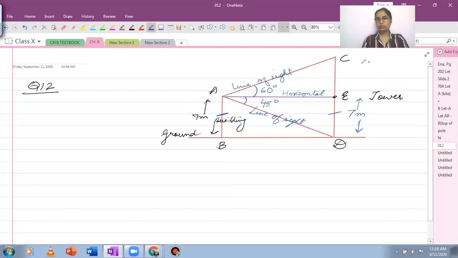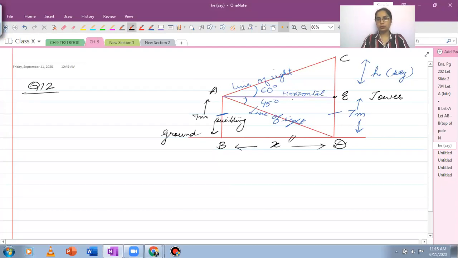And you can take CE as H. And the base can be taken as X if you want. If this is X, this will be equal to the horizontal.